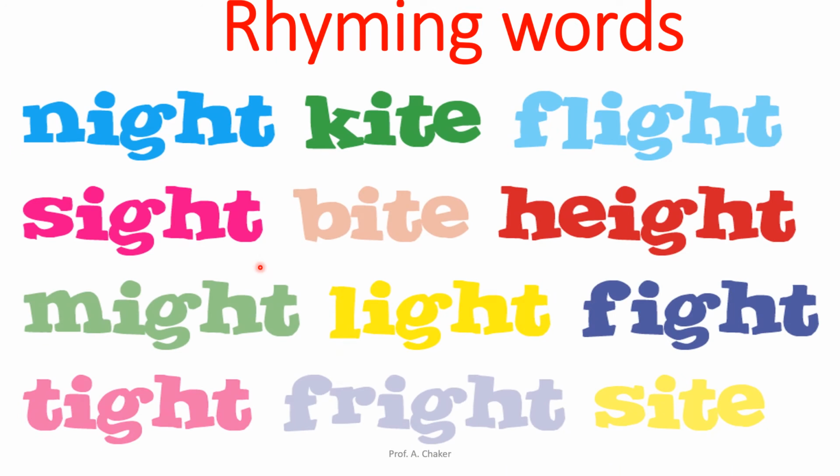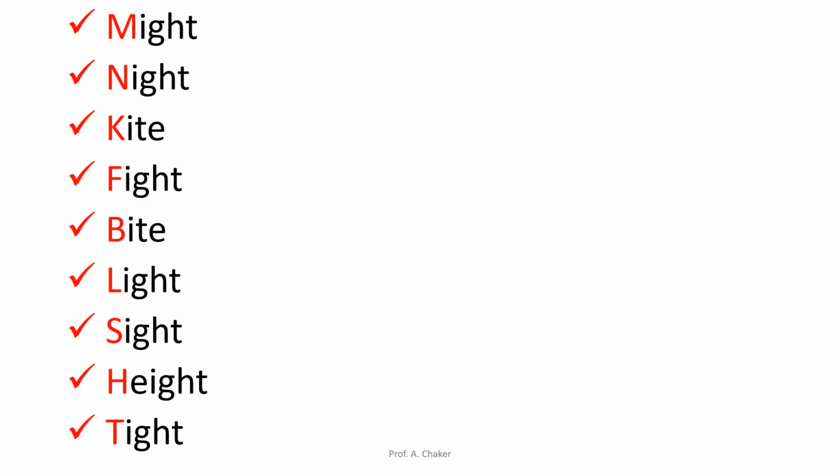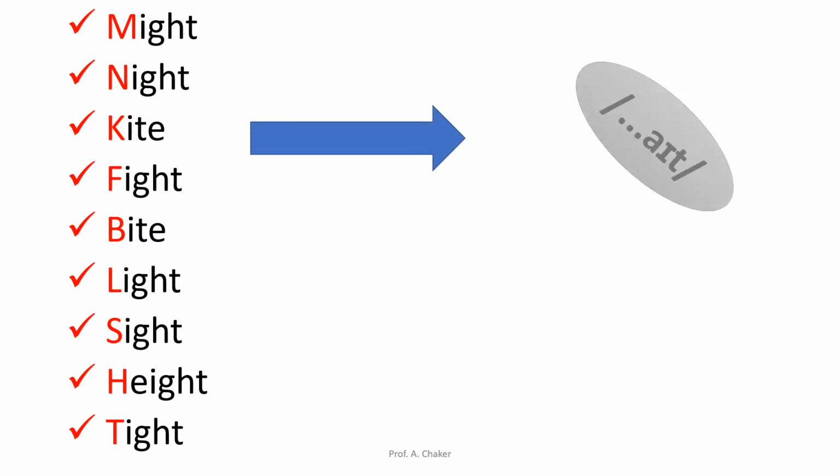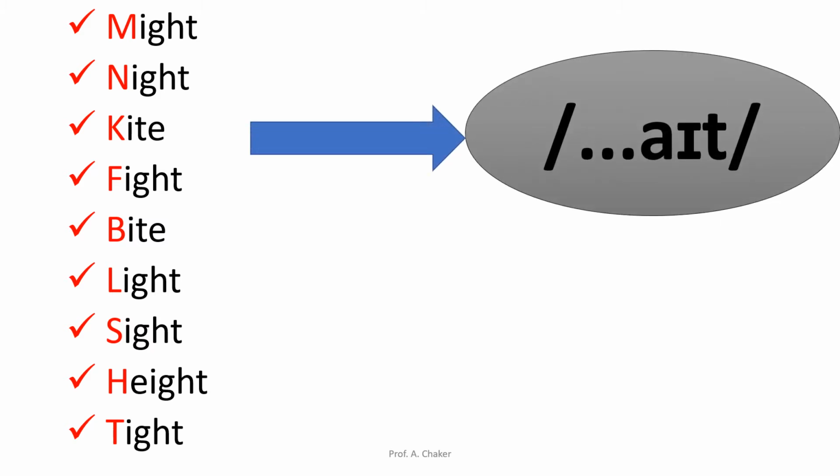Other rhyming words. Look at this list. Night, kite, flight, sight, bite, height, might, light, fight, tight, fright, sight. We notice in these words that the same sound is repeated. The sound "ite", you see, might, night, kite, and so on and so forth.